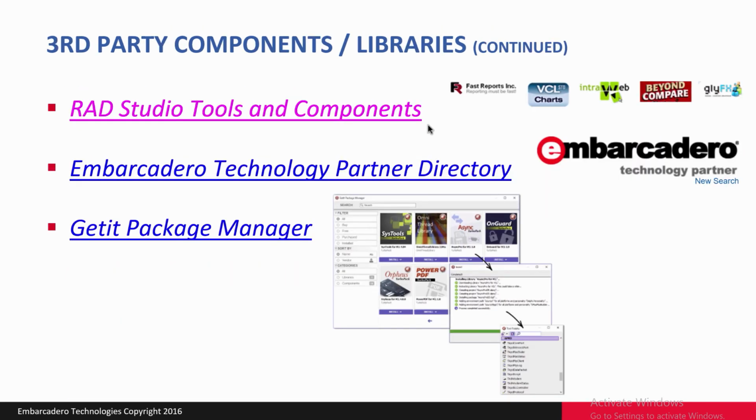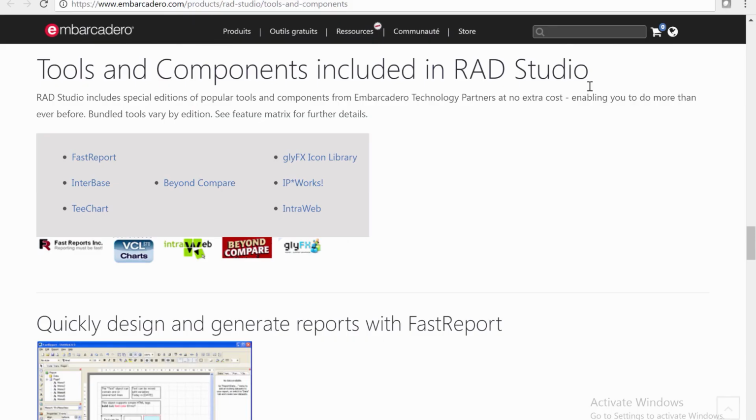To help you find third-party components and libraries, you can start with these links for some of the third-party components available with RAD Studio. This first RAD Studio Tools and Components link shows the tools and components included in RAD Studio.